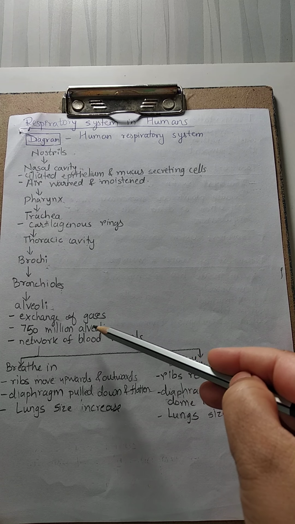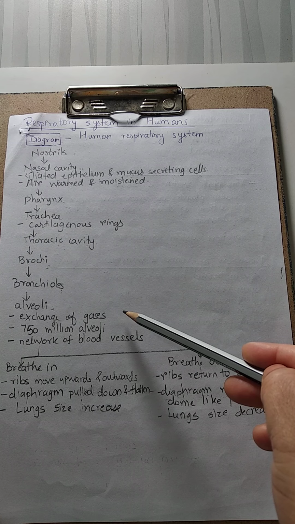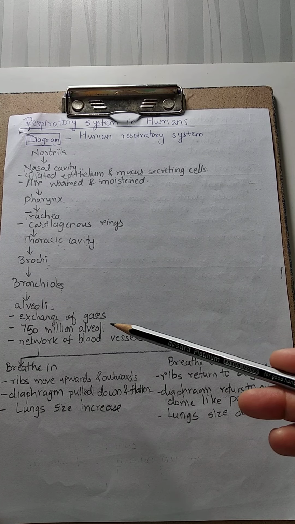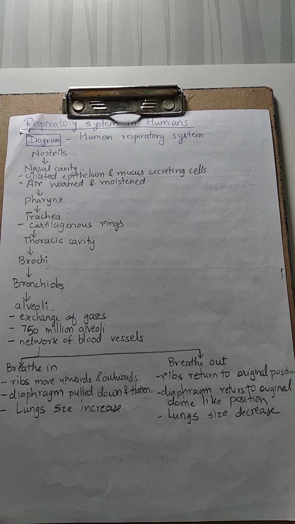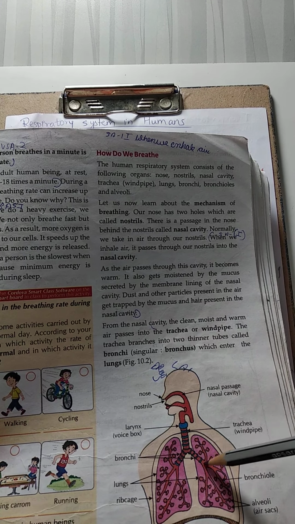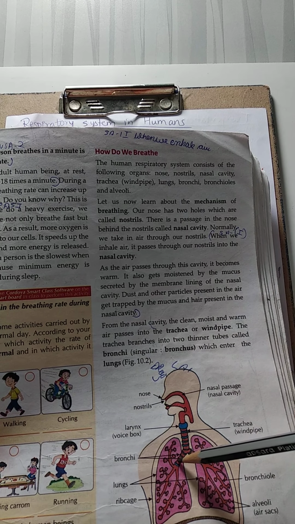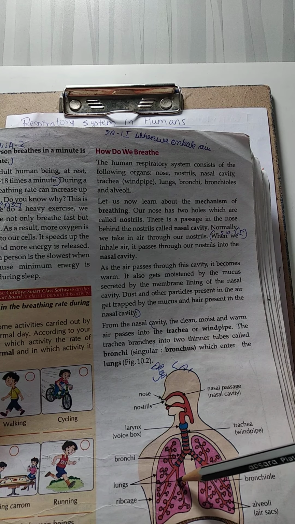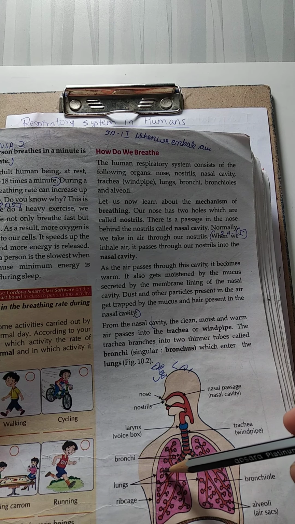There are about 750 million alveoli present in lungs, right? Alveoli are covered with a network of blood vessels. Again, we will see the diagram first. Okay, what we have said, see these are the 2 bronchi, singular is bronchus, right? Then each bronchus redivides itself into sub branches, and by repeated divisions they end into these balloon-like structures.